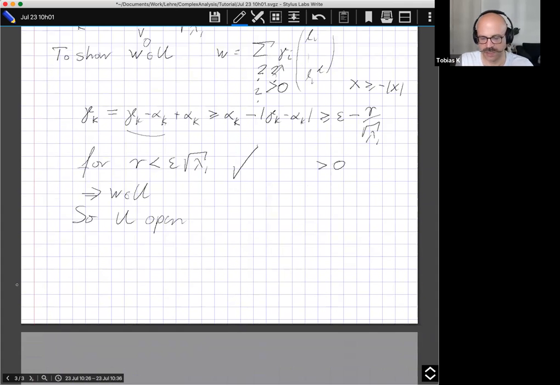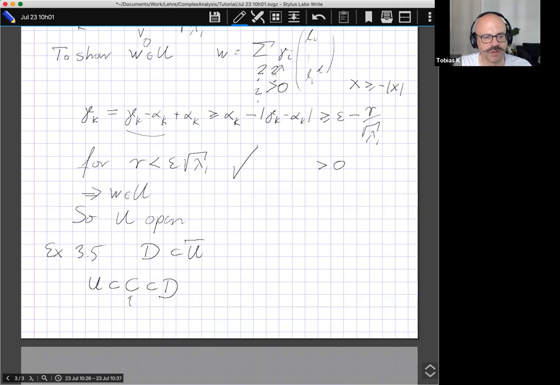Now I left to you as an exercise, 3.5, to show that actually D is contained in the closure of U. So let me recapitulate what we have. We have U, and U is a subset of C, and C is a subset of D. So these are the ones which we consider.